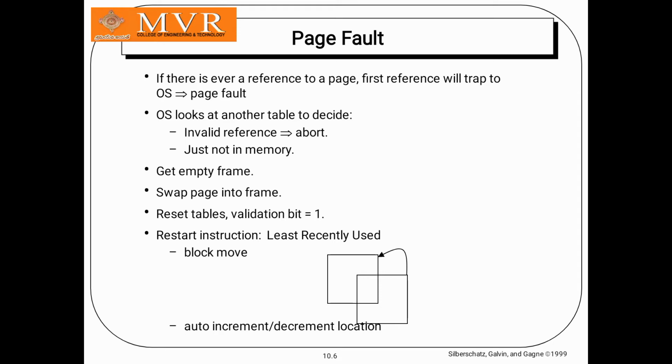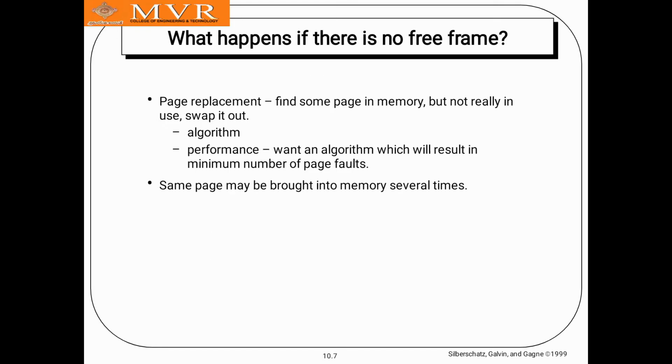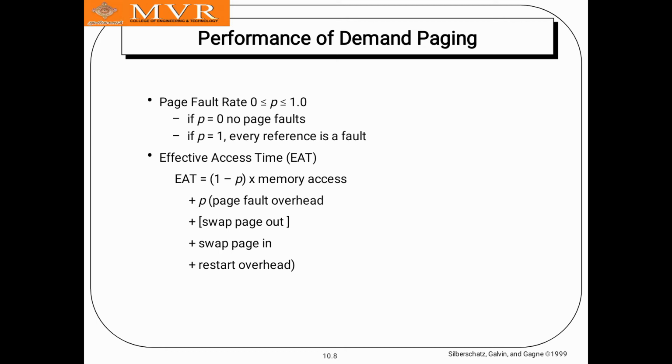And here a page fault may occur on an invalid reference, or because the page is just not in memory. What if there is no free frame? Then a frame is swapped in and swapped out. The algorithms are used for performance.